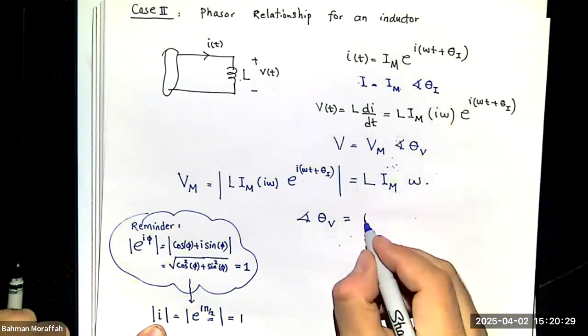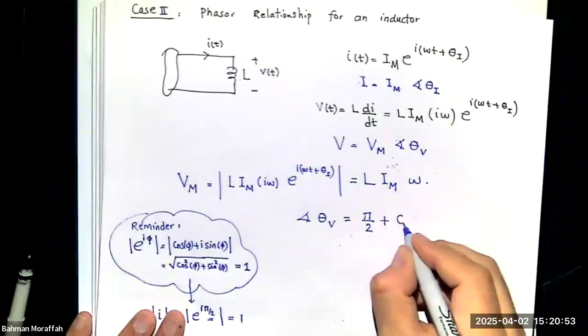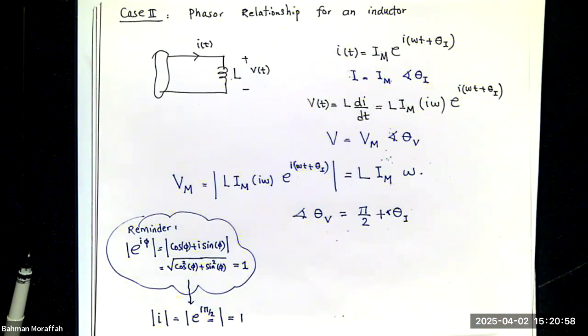So the angle is pi over 2, right? Plus, what is the angle for omega? Again, it's 0. What is the angle for e^(i omega t)? Remember, this is due to the I, so the angle is just theta I. So it's pi over 2 plus theta I, right?